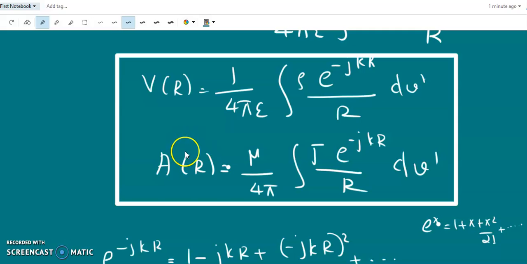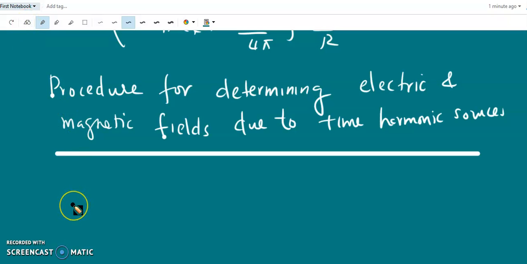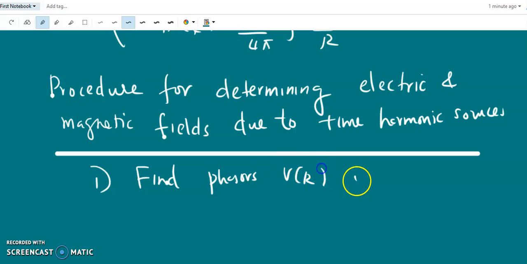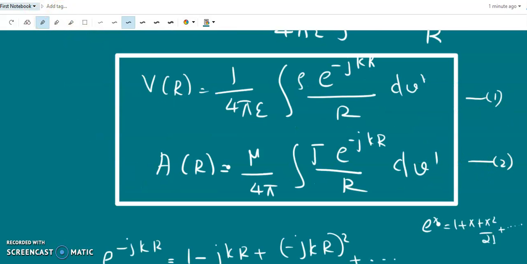In order to get the fields, first of all we have to find the phasors V of r and A of r from equations 1 and 2.